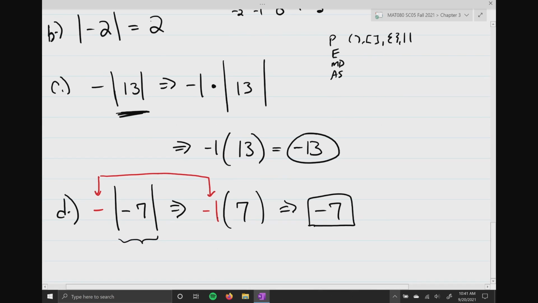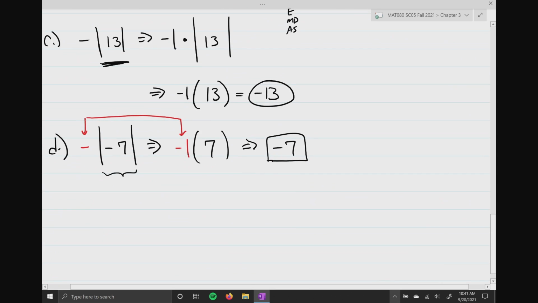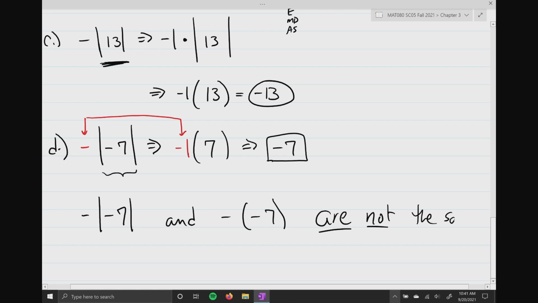So the negative absolute value of -7 and the negative quantity -7 are not the same thing.